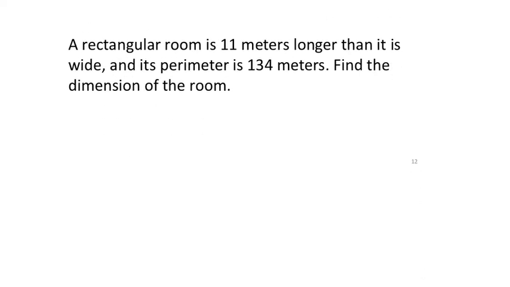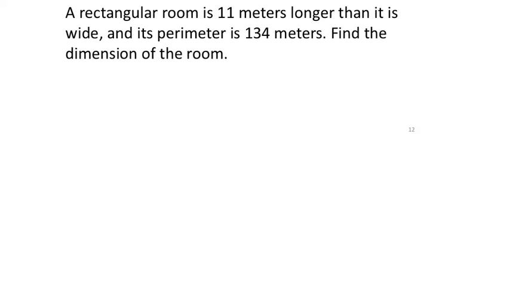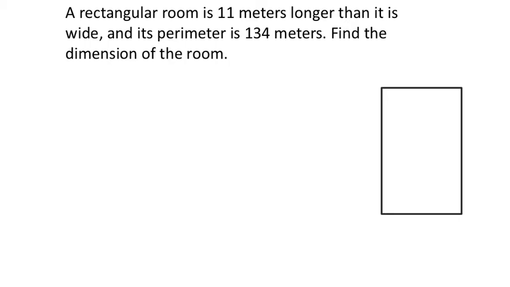So let's go and write our equation first. All right, it's a rectangular room, and I'll draw a picture for this one, not that you have to draw a picture for it. But it did say that it's 11 meters longer than the width. So let's say this is the length here, and then this is the width.